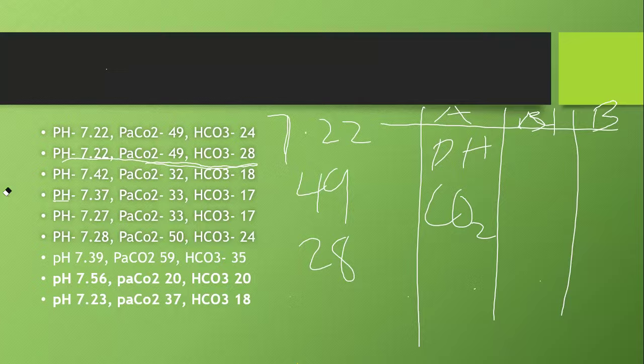So HCO3 falls here. So now we know that the problem is acidosis, and it's coming from carbon dioxide. If it is coming from carbon dioxide, we name it as what? Respiratory. Respiratory acidosis.